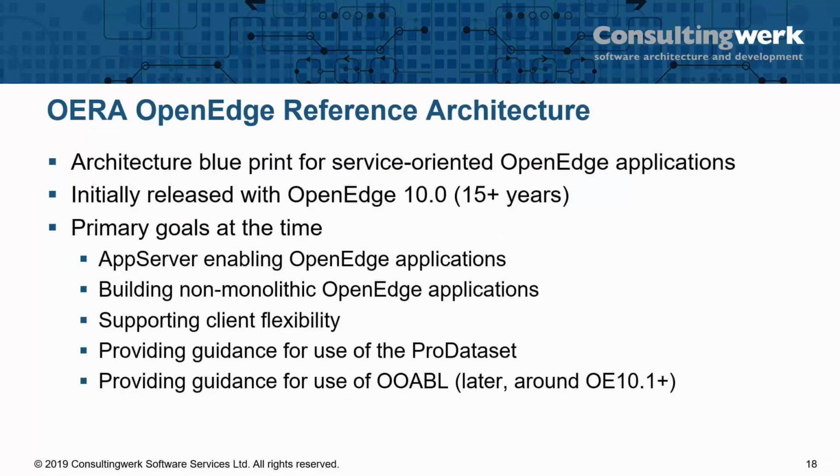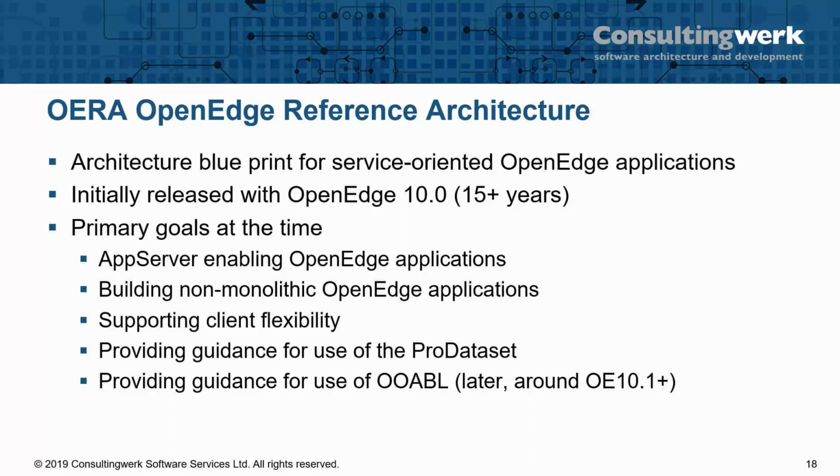Which brings us to the question, well, what is the target architecture that we recommend there? We still believe that the OpenEdge Reference Architecture is a very valid starting point for defining an application architecture. 15 years ago, the OERA was an architecture blueprint for service-oriented OpenEdge applications, and at the time it served certain goals.